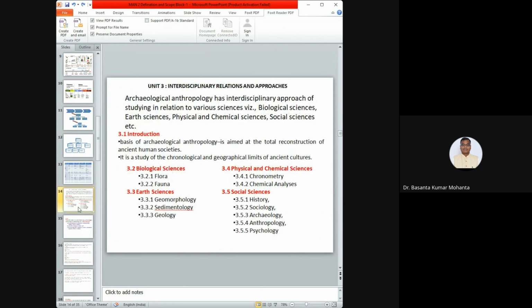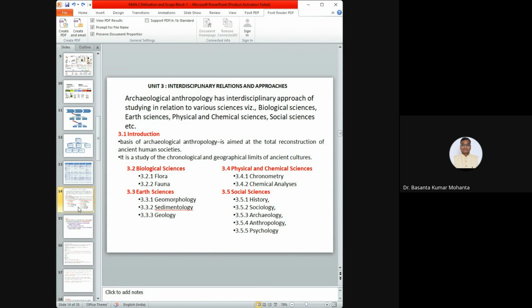Here, when we are discussing the interdisciplinary relationship, we are getting a big link, a huge relationship of archaeological anthropology with other sciences, other disciplines, other subjects. Without the help of these disciplines, it is simply impossible to reconstruct the past culture or past environment or the human behavior of ancient time, earlier time.